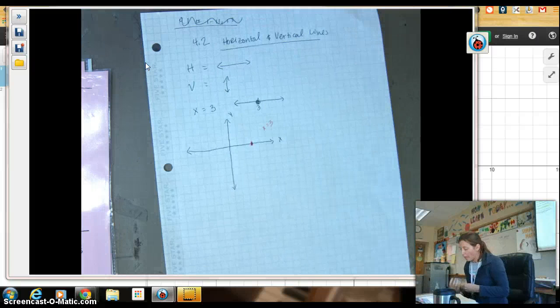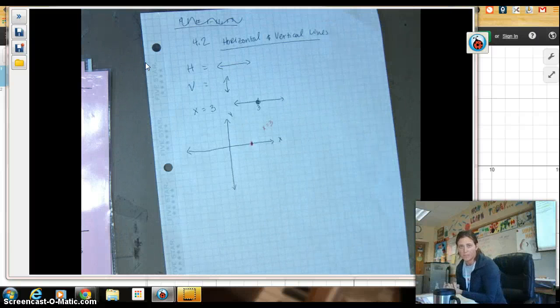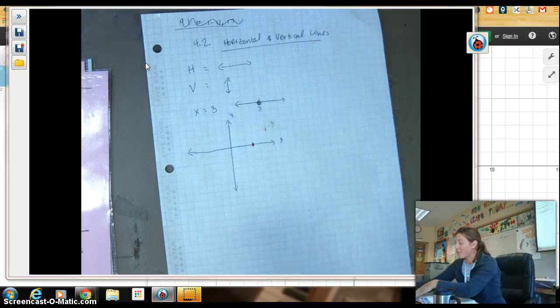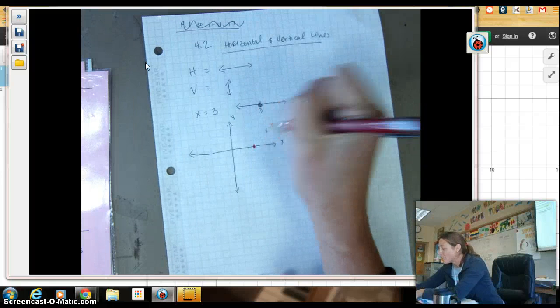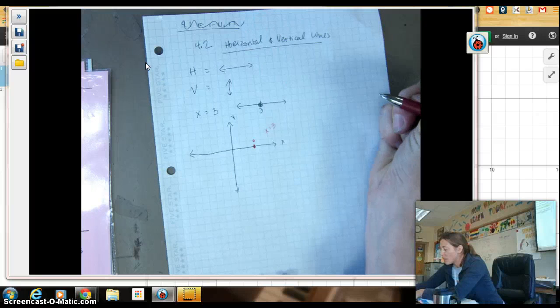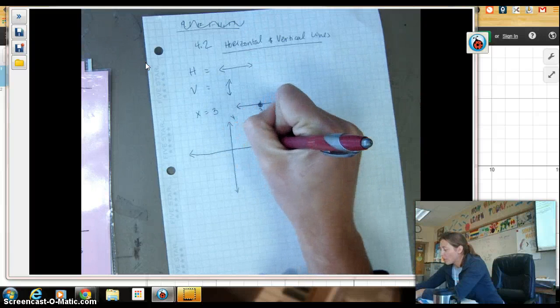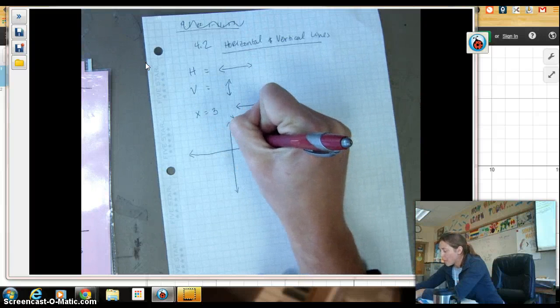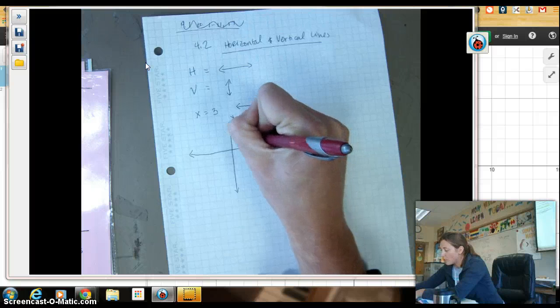But the question that I have for you is, where else on this graph does x equal 3? You are maybe right. I don't know. You're watching a video, so I'm hoping you're right. But x equals 3, we can have a point right here where x equals 3. Because this point right here is going to be 3 and then 1. So our x value is a 3.